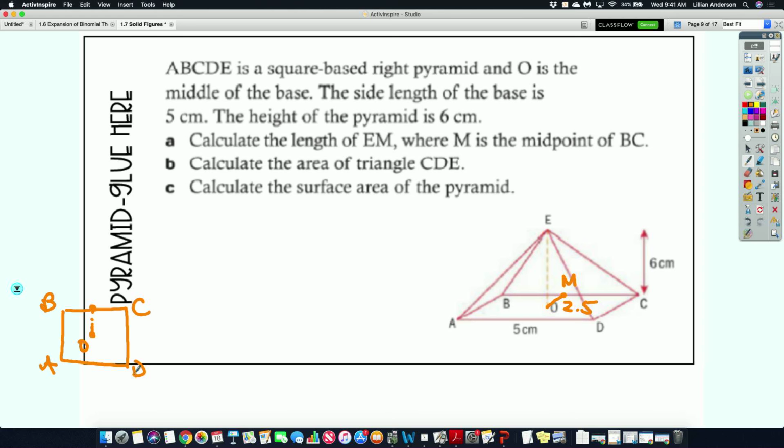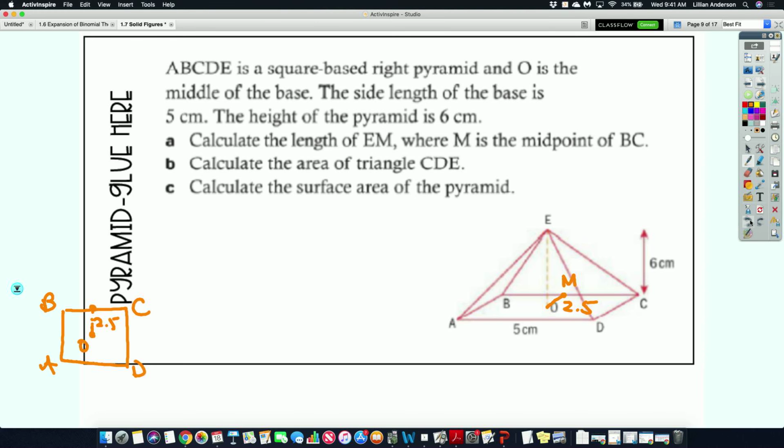If they didn't tell us at the top that it's square based, would we not be able to make the assumption that M to O is 2.5? Correct. Now they could not say that it's a square base pyramid, but then give you these markings. What do those marks mean? Okay? So then you would know that, you can run the same type of analysis.